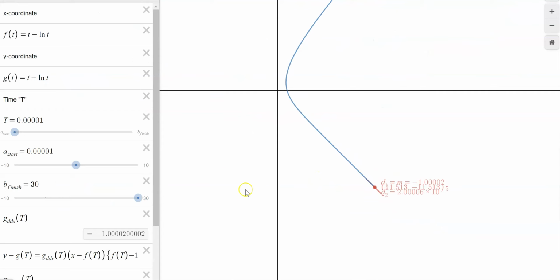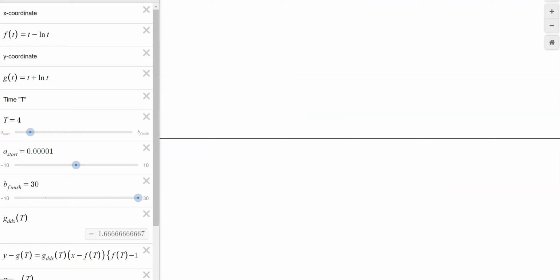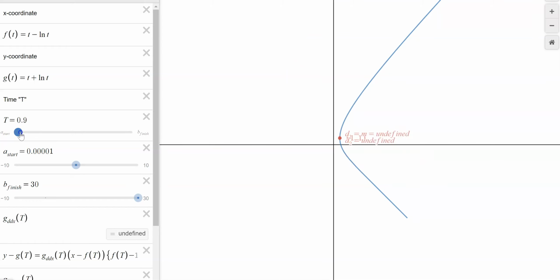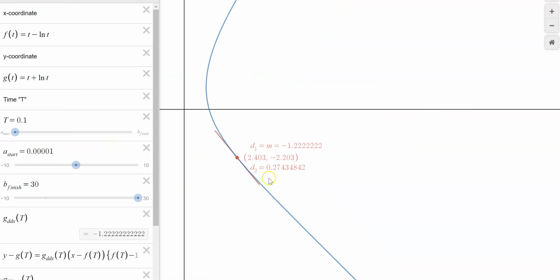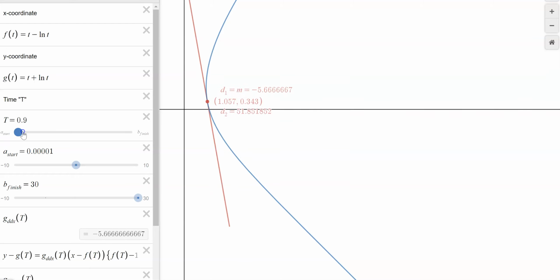So you can see there is my first t of 0. Okay, and then it moves, and right here is all concave up. It's very quick to get there because we're only going from 0 to 1. So you can see that the second derivative is positive. And then when my t is equal to 1, you can see there's our undefined value because that was our denominator equals 0.